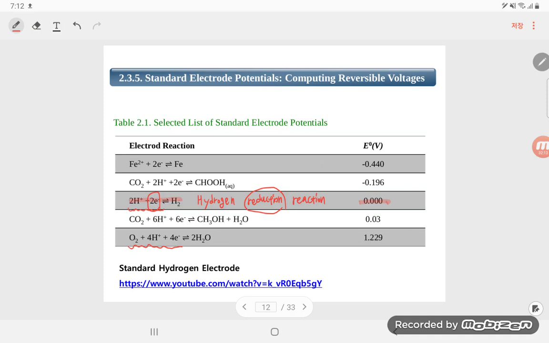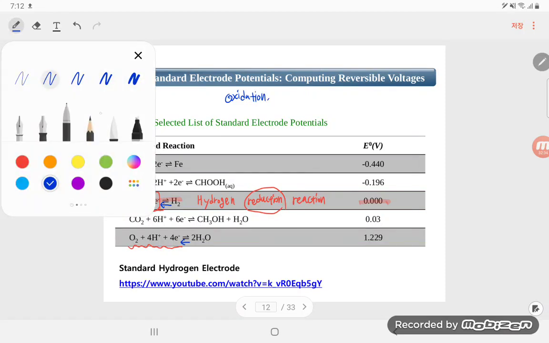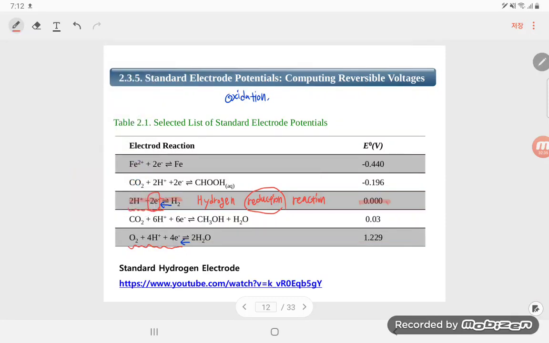And if the reaction is reversed, then we can call it oxidation, right? Oxidation. Okay, and the last one is reduction.